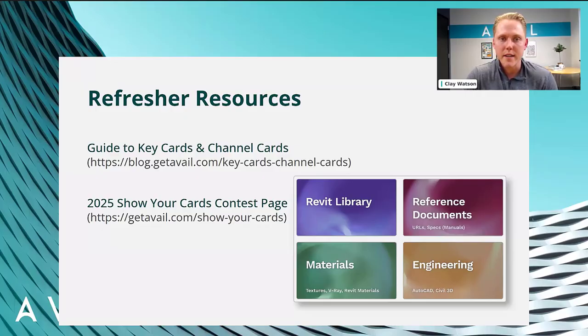It's always really exciting to see what tools people are using year to year. You're going to see some this year. There's been a theme of AI, using AI to create some of these visual components and these cards, which is really cool. But if you wanted to go back and reference some of our past winners, check out our webpage, getavail.com/showyourcards.